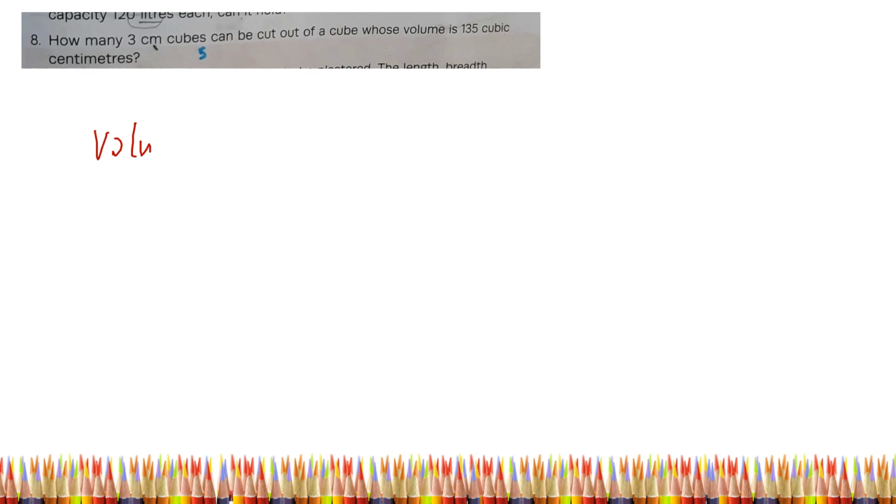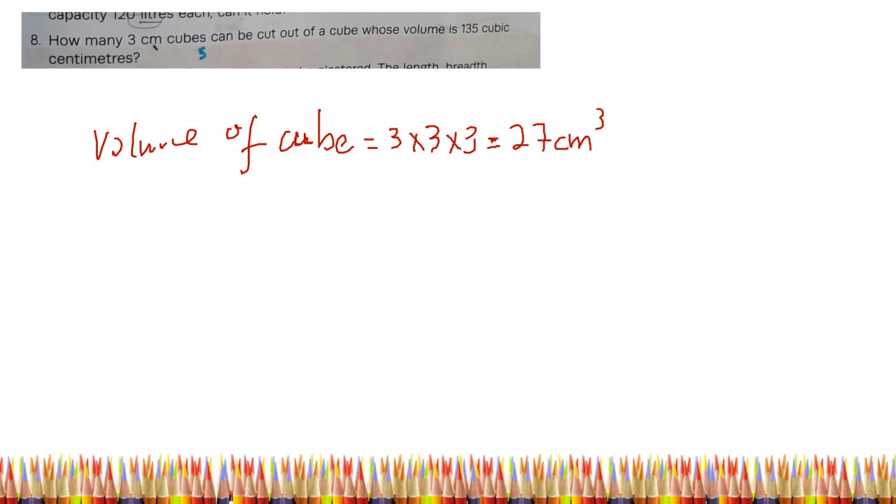Volume of cubes is equal to 3 multiplied by 3 multiplied by 3, which is 27 centimeter cube. Now how many 3 centimeter cubes can be cut out of a cube? The bigger cube has the volume.